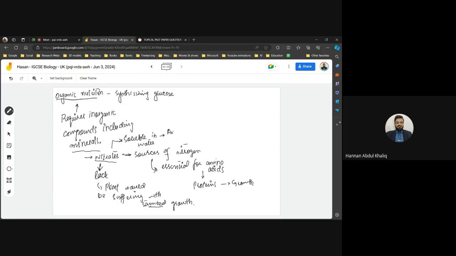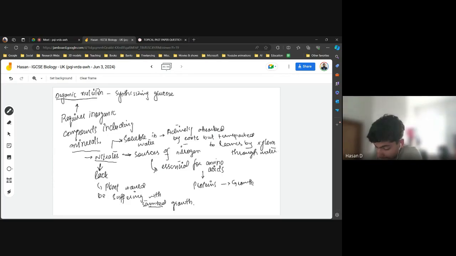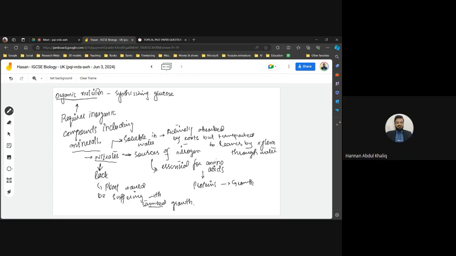They would be actively absorbed by roots, but transported to leaves by xylem through water. Clear? Yeah. Actively absorbed by roots but transported to leaves by xylem through water.